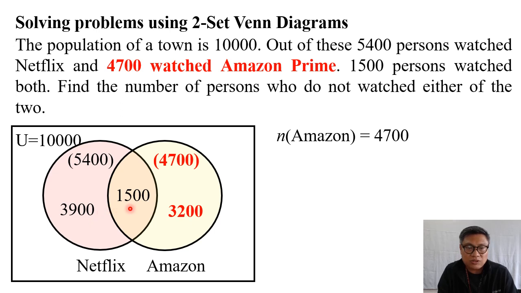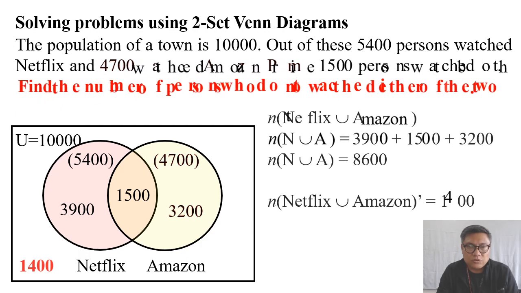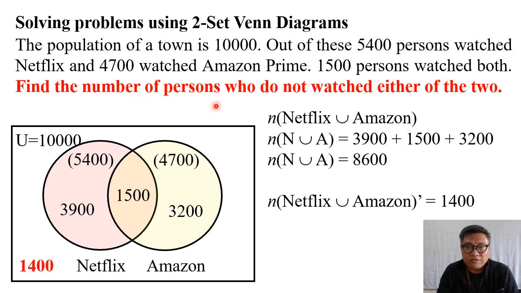So if you add 3,900 plus 1,500 plus 3,200, the total is either equal to 10,000 or less than 10,000, but not more than 10,000. So it would be wrong, class, if we add 5,400 plus 4,700 because it makes it already more than 10,000. So what we do is we find the number of persons who do not watch either of the two.